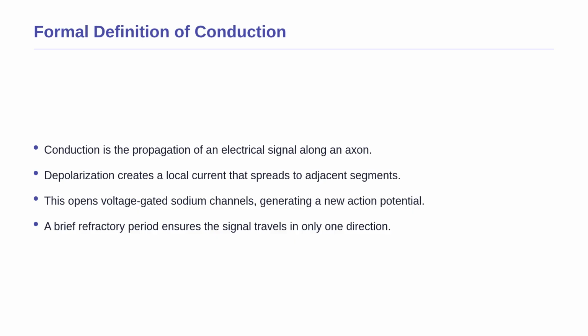This current spreads to the adjacent resting segment, changing its voltage and causing voltage-gated sodium channels to open. This generates a brand new action potential right next door. Crucially, the previous segment enters a brief resting phase called the refractory period. This ensures the signal can only travel forward in one direction, maintaining clear and organized communication.